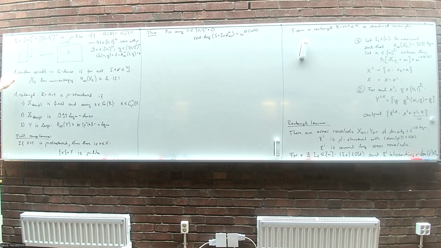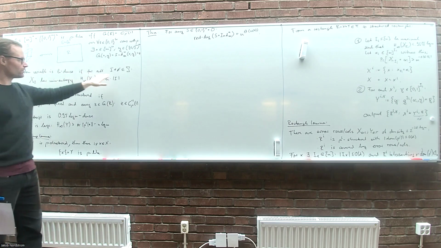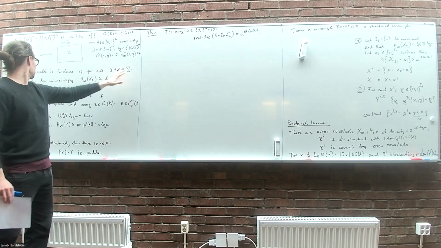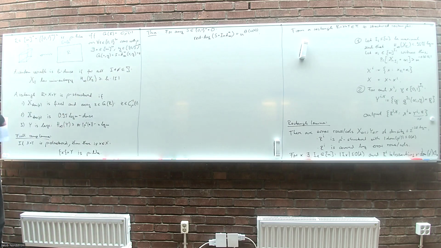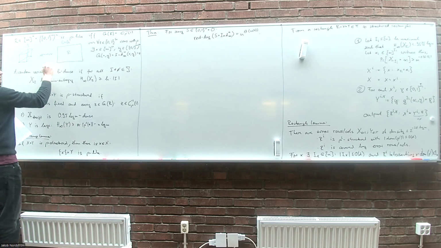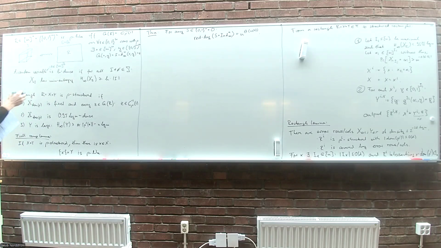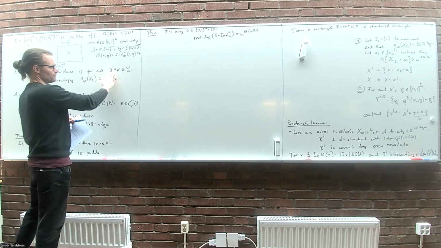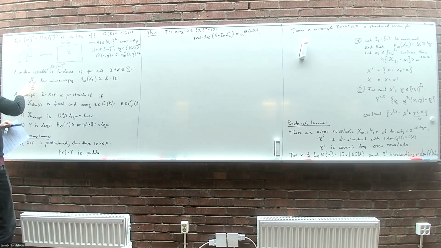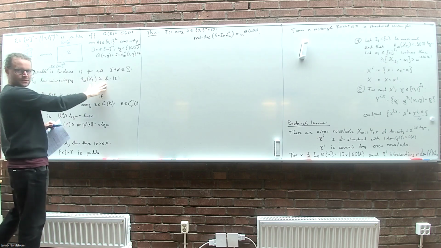Then we have a random variable. We say that a random variable is h-length if, for all non-empty subsets J, we have a random variable X in M to the J. If we look at the marginal distribution on this subset, we still have large min-entropy.